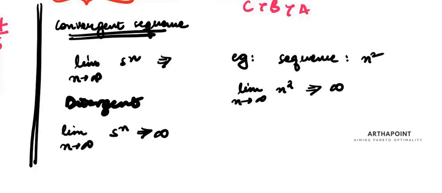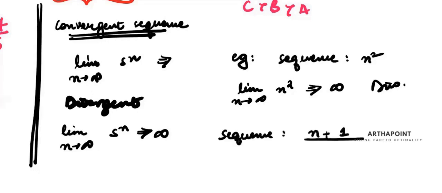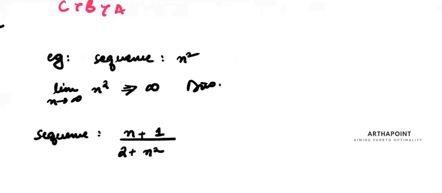So this is a divergent sequence, clearly. But take another example. Let's say that I have a sequence which is (n plus 1) upon (2 plus n square). I'm just taking some random example to make you understand what is a convergent and divergent sequence.